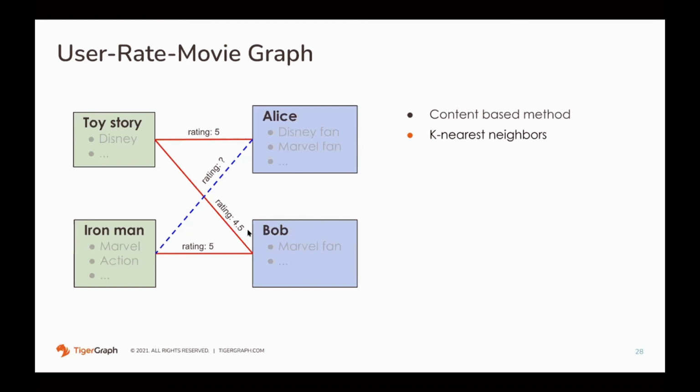Based on these first two links, that both of them have rated Toy Story as a highly rated movie, using K nearest neighbors we can predict and add a link saying that Alice might also like Iron Man. So that's the second method.